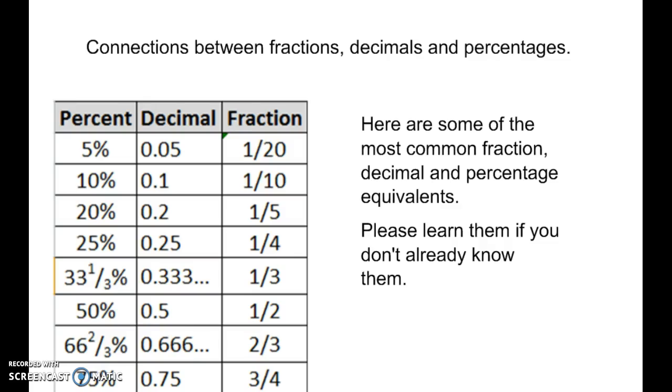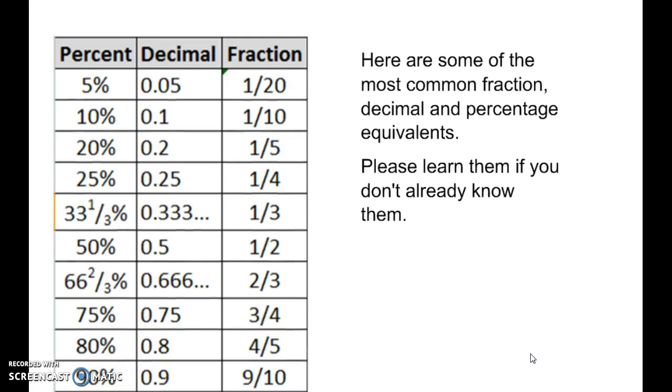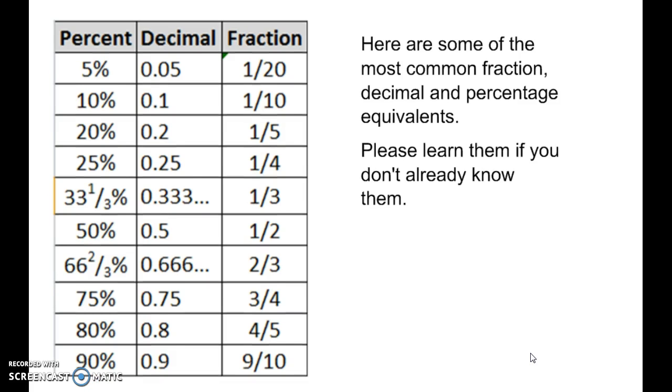So getting straight into this, here are some common fraction, decimal and percentage equivalents that you need to know and learn. Get yourself a copy of this if you need to, but you do need to know these. Knowing them will save you a lot of time and effort in your exam.